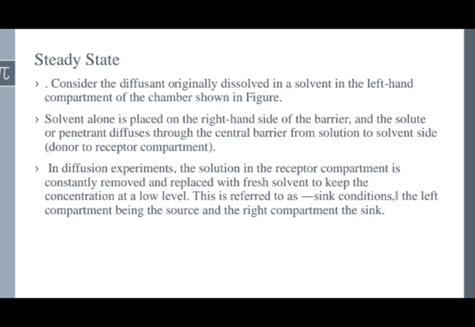Steady state. Consider the diffusant originally dissolved in the solvent in the left hand compartment of the chamber shown in the figure. Solvent alone is placed on the right hand side of the barrier, and the solute or penetrant diffuses through the central barrier from the solution to the solvent side.